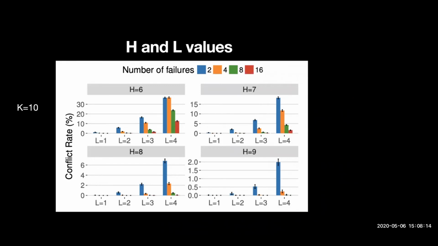That is because all of the nodes are actually waiting before generating a configuration. So the H and L values are something that you can play with, and they give you robustness across a wide range of H and L values. There could be a breaking point where H minus L is enough that you don't have to wait for a longer period of time. But if you wait enough, then you will be able to have zero conflicts.